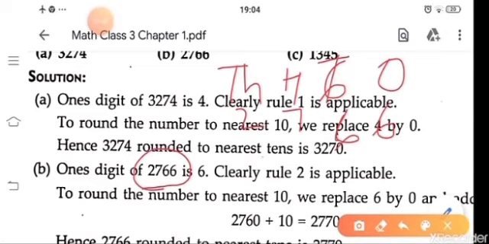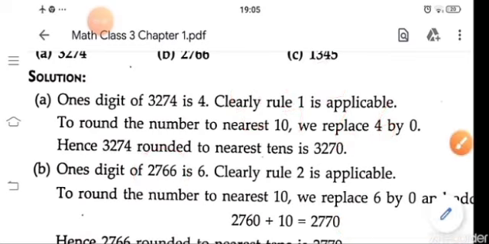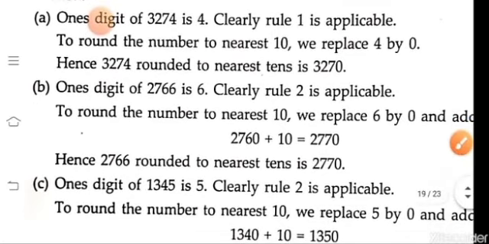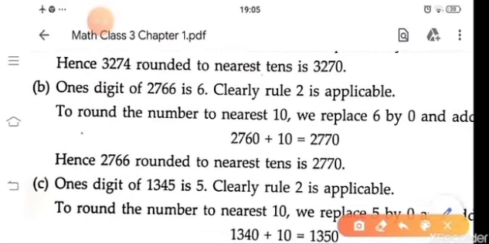According to rule number 2, we remove 6 at the ones place and write 0, and we add 10.